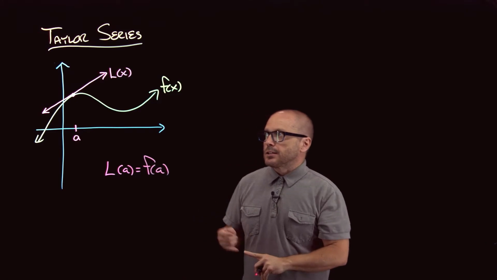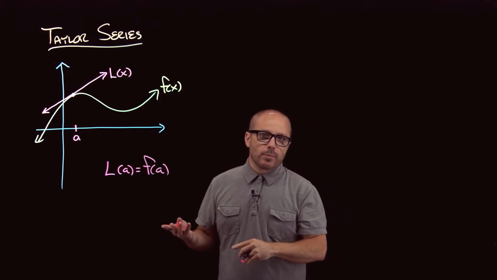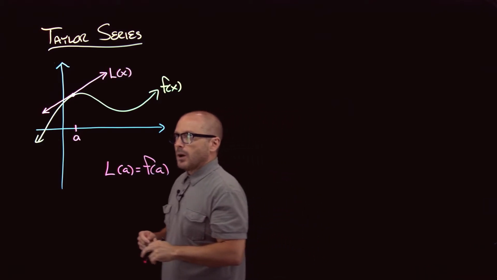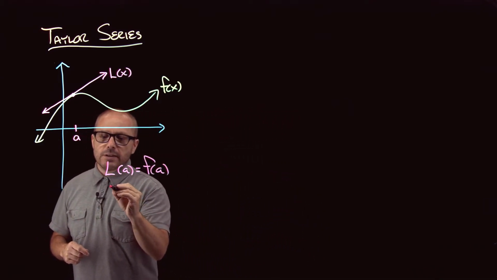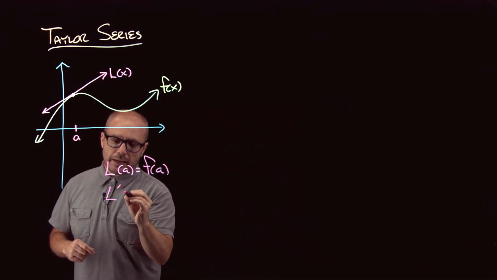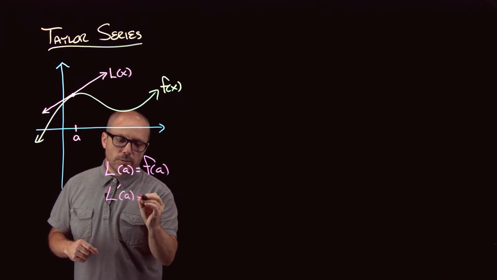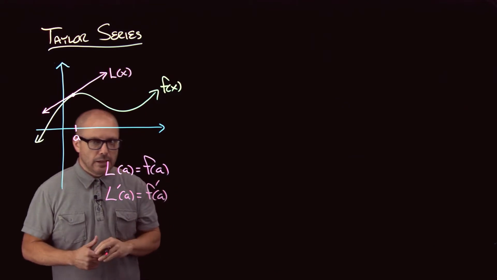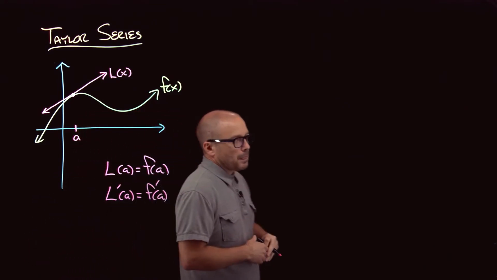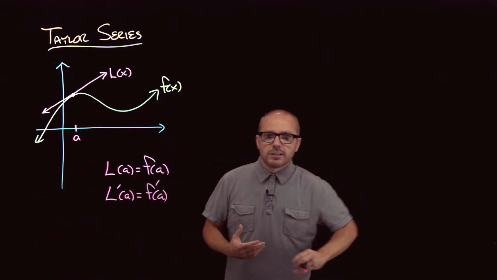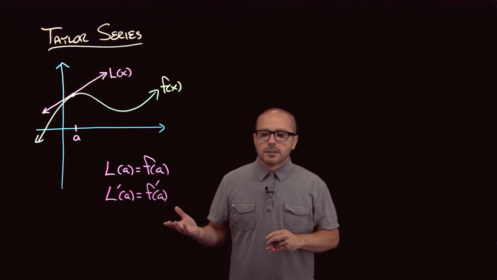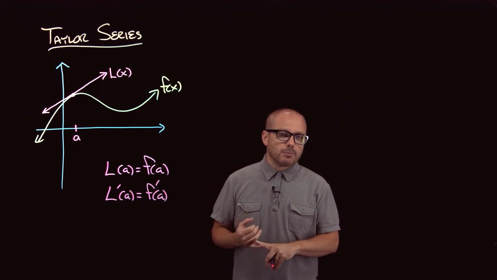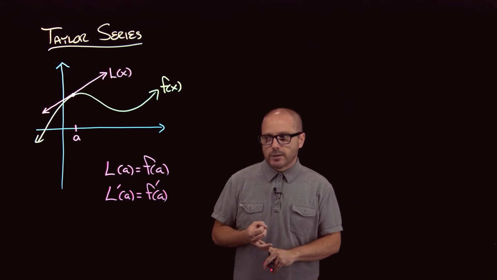Next, the slope of that line should be the slope of the curve at that point. So the derivative of L at A should be the same as the derivative of F at A. So one way to think of a linearization is it's a new function, a linear function that matches the original function at that point and its derivative at that point.